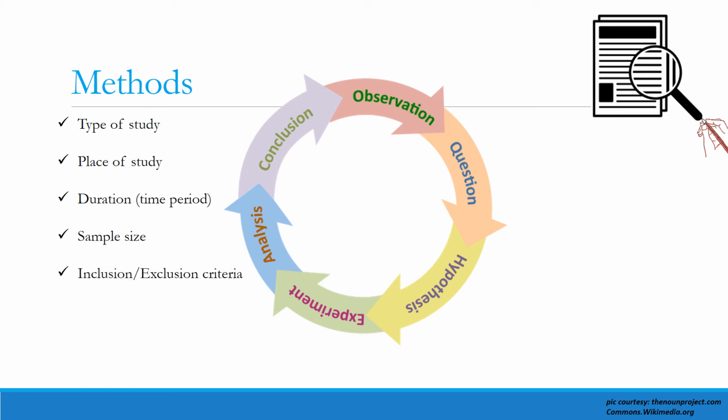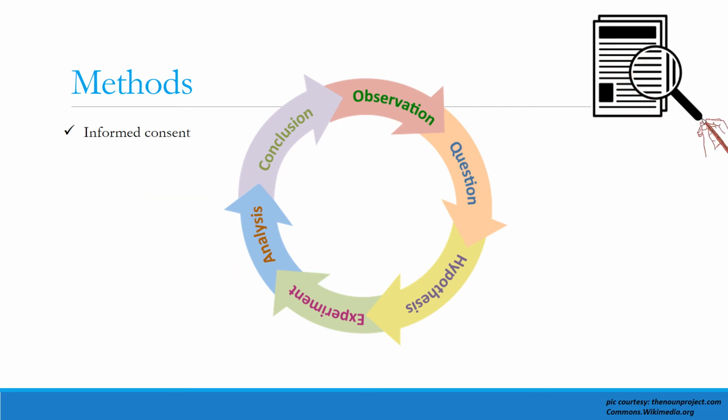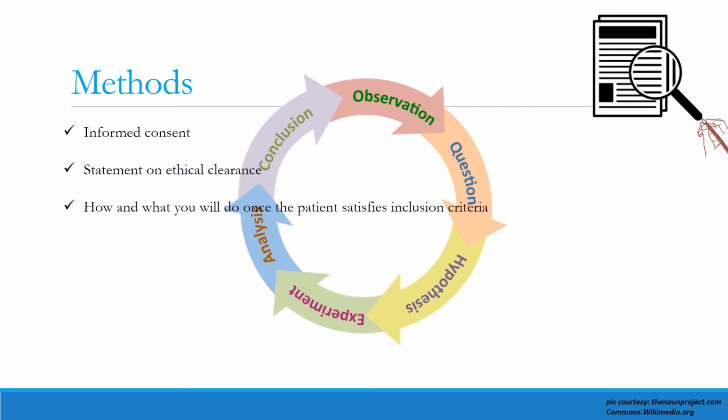Then sample size, you have to mention inclusion exclusion criteria, standard definitions criteria along with their references, and protocols, procedures, and manufacturers. Along with this, you also should mention how did you take the informed consent, whether it was written, it was verbal, and you need to keep a proof of the same in case it is required further. A statement on ethical clearance. How and what will you do once the patient satisfies the inclusion criteria?